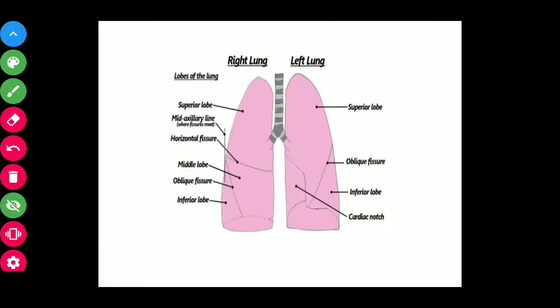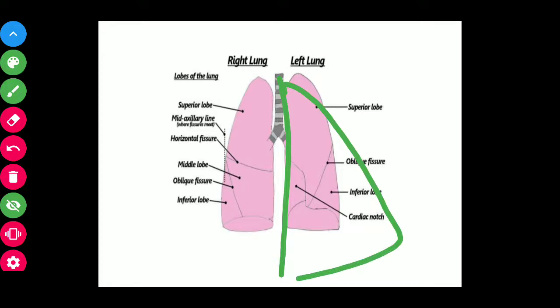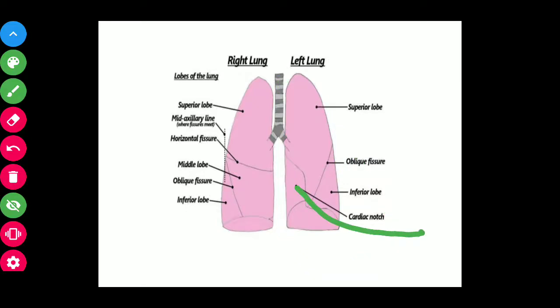The left lung, which has only 2 lobes, has the oblique fissure.